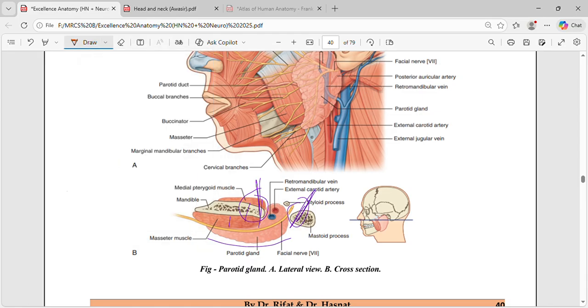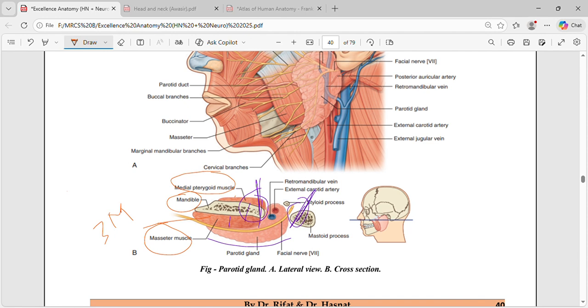You can see here, this is the masseter muscle, so this is anterior medially. This is the mandible, or you can say angle of the mandible or mandible bone. And this is the medial pterygoid. So these 3 M's are the anterior medial relations, or you can say anterior relations.